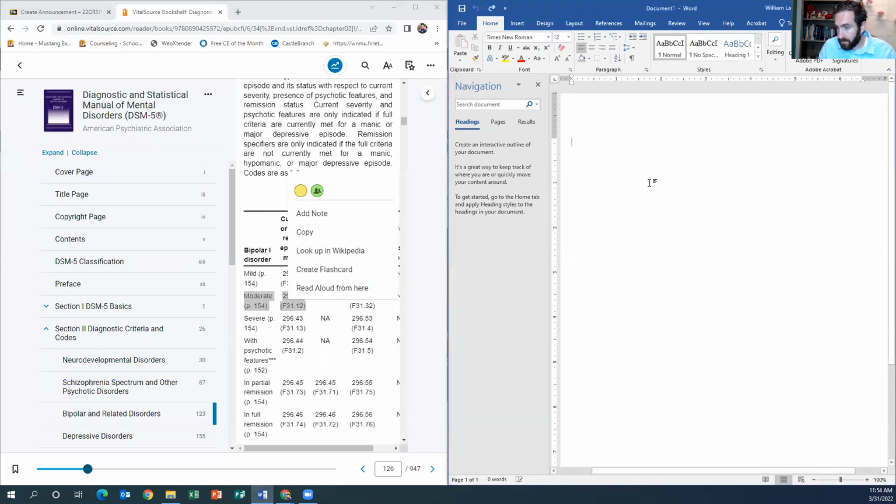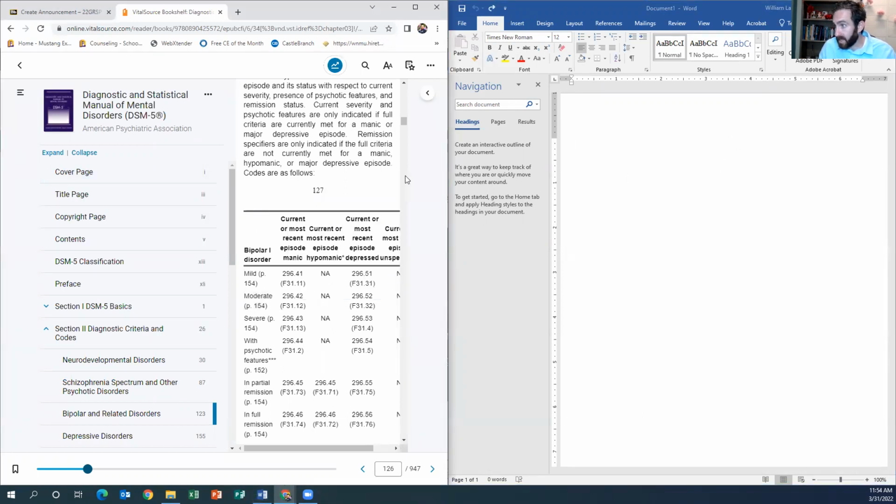So moderate, and let's say we observed, and the client expressed, that the most recent was a manic episode. So the diagnosis would be bipolar 1 disorder, current episode manic, moderate. So 296.42, and then F31.12, bipolar 1 disorder, current.